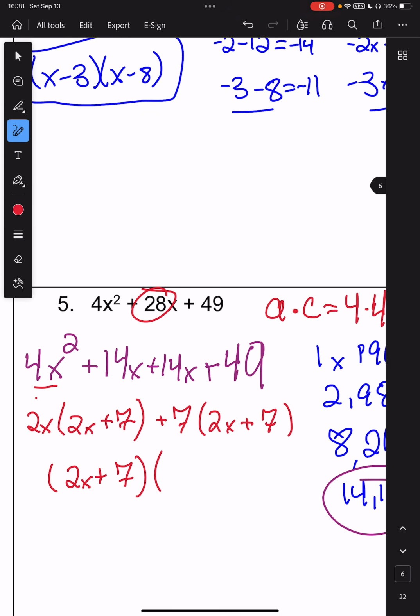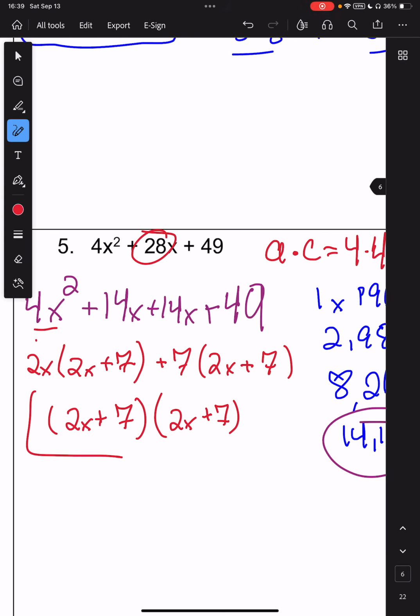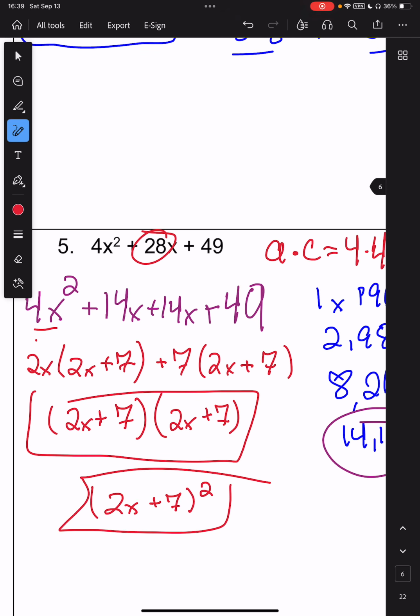And then we're left with multiplied by 2x plus 7 again. So we have 2x plus 7 times 2x plus 7. We can either leave it in this form, or we can write it in this form, 2x plus 7 squared. Both of these answers are correct. Either form you leave it in, you will be correct.